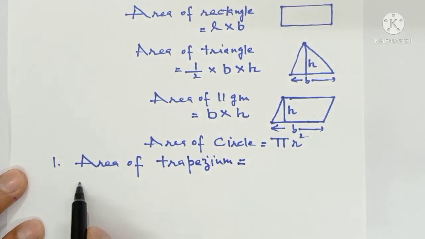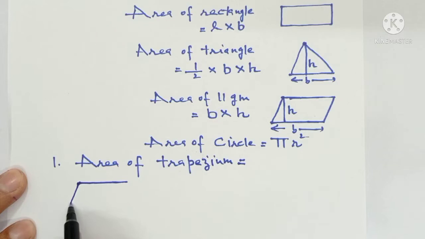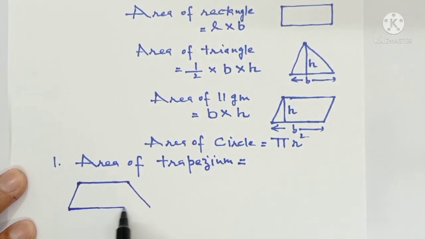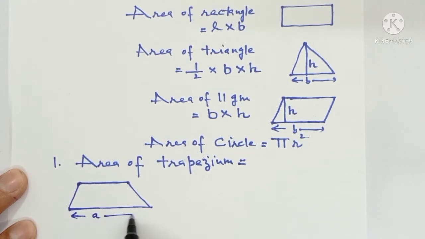So this is a trapezium. Trapezium is a quadrilateral in which one pair of opposite sides is parallel. Here you can see this is parallel to this. So this is one side A and this is another side B and this is height H.